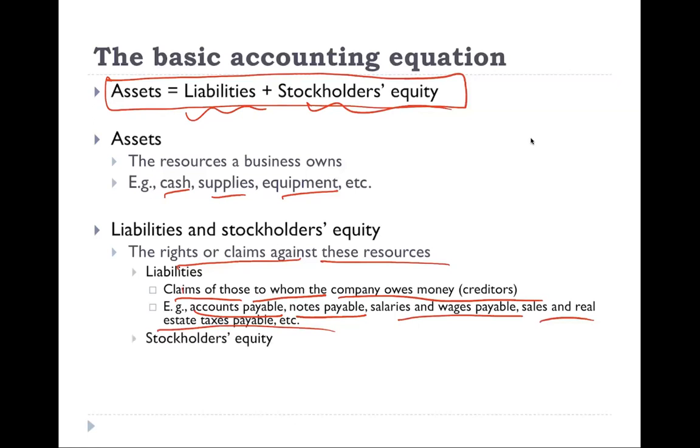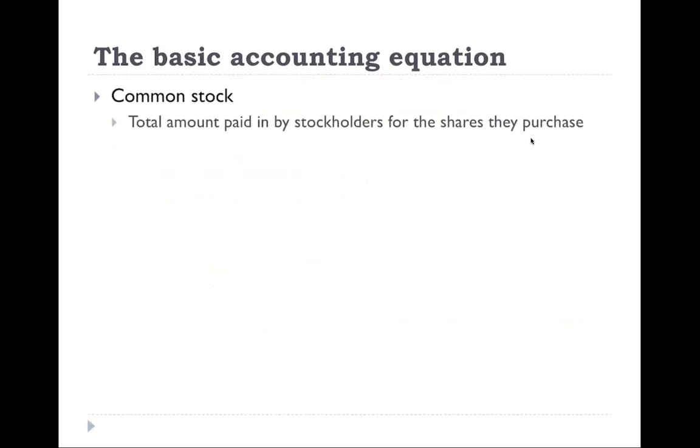And then stockholders' equity. What is stockholders' equity? Stockholders' equity basically represents claims from the firm's owners. Two of the major items in stockholders' equity are common stock and retained earnings. Common stock represents the total amount paid in by the stockholders for the shares they purchase.